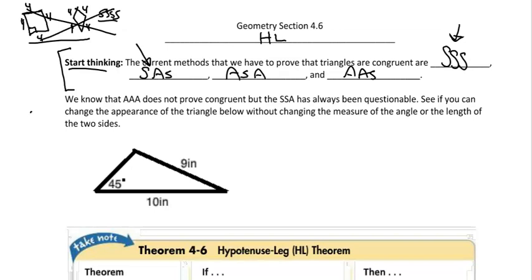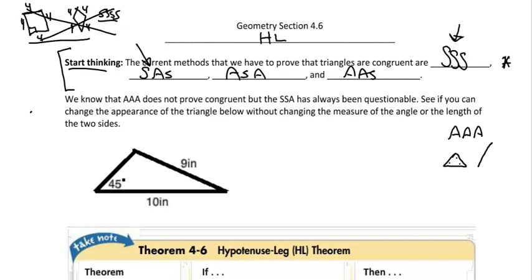Now, lucky for us, we're only working with triangles. So all of these are the shortcuts for proving that two triangles are congruent. Now, with that said, we've already talked about why AAA does not work. Just looking at angles would not be able to be used to prove two triangles are congruent. For example, you could have a triangle that was 1 by 1 by 1 and all of the angles are 60, 60, 60.